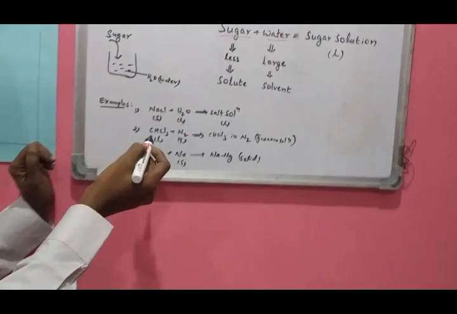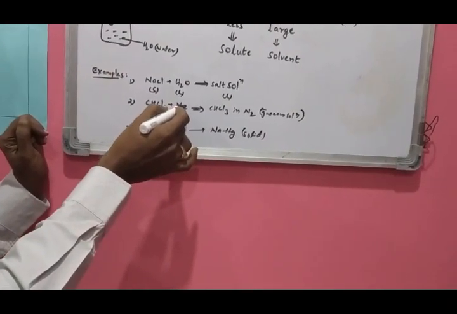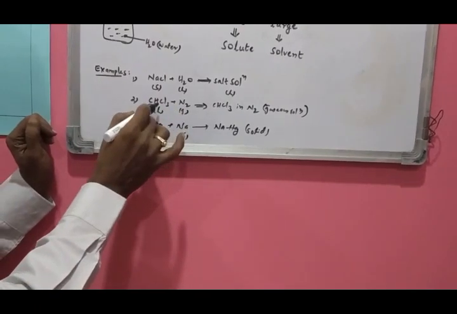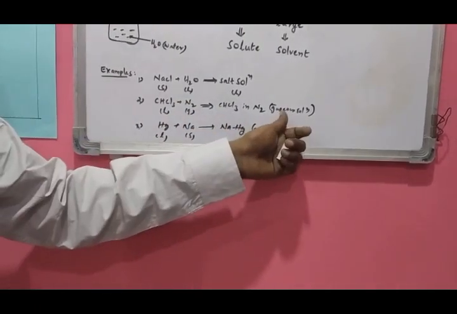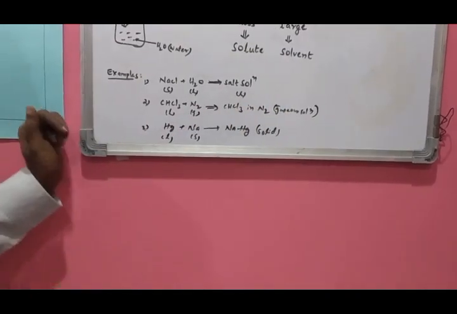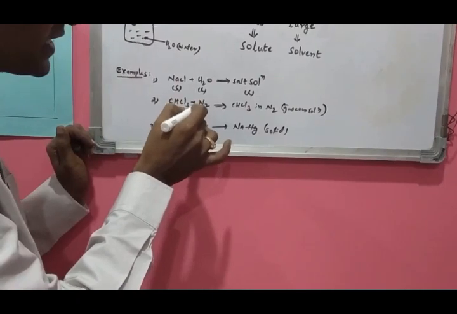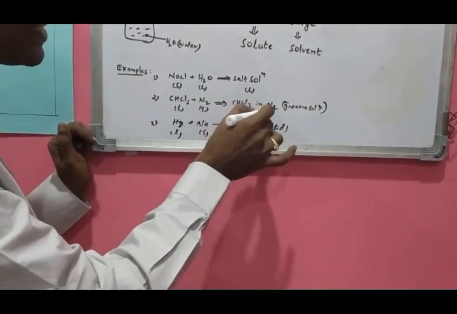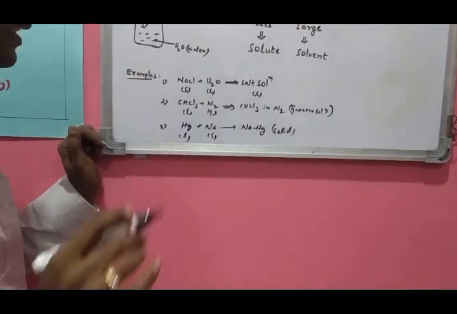Consider another example. When we add chloroform to nitrogen gas, a mixture of chloroform and nitrogen, we get a gaseous solution. In this case also, the solvent's physical state is gas and the resultant mixture is also gas.